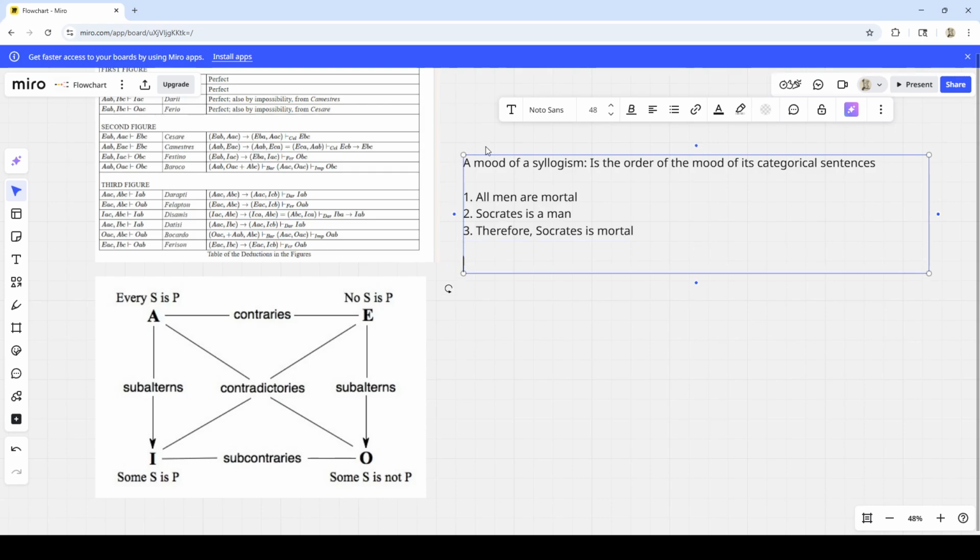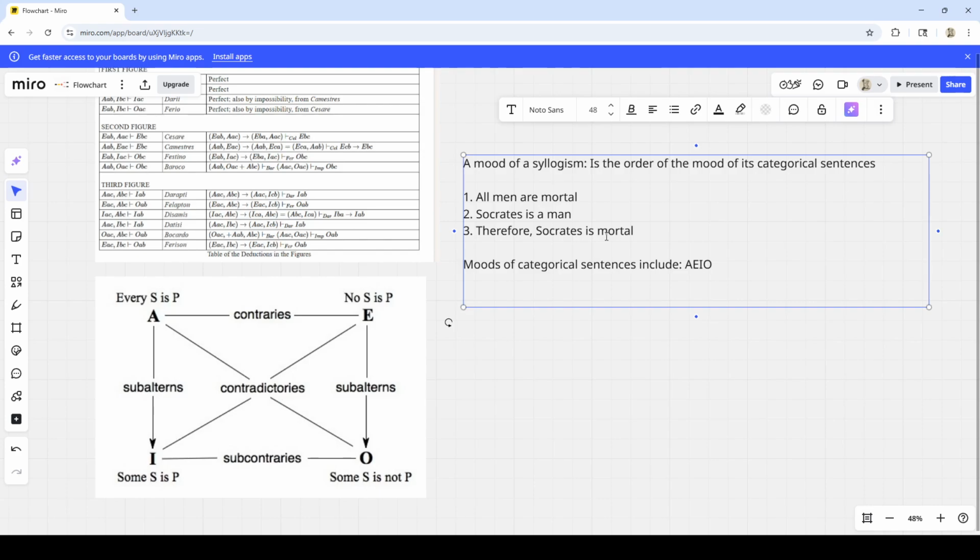This I can classify. So remember, the moods of categorical sentences include A, E, I, O. So four letters, right?